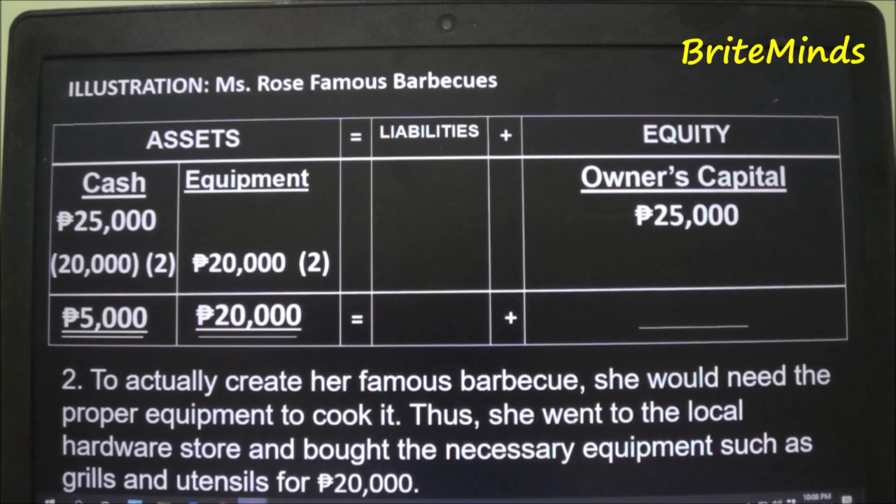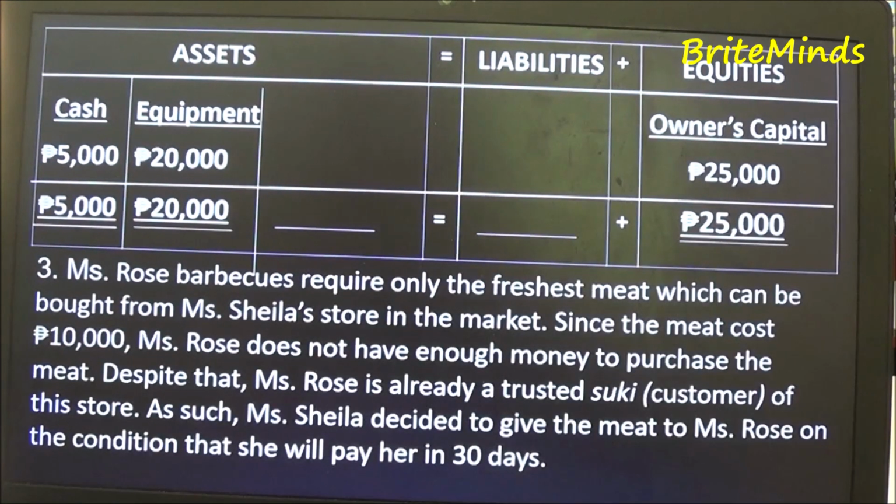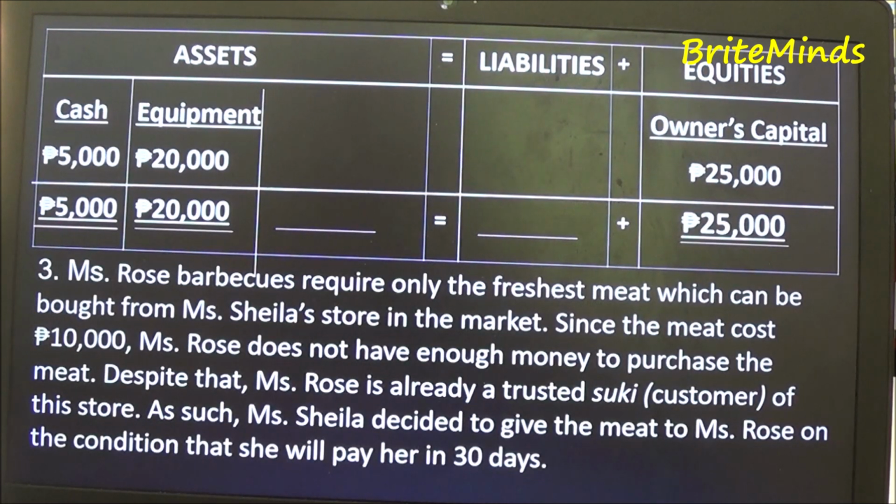Liabilities is not affected, and the owner's capital still remains 25,000 pesos. So if we're going to check, assets equals liabilities plus owner's equity: 25,000 on the left side of the equation, and on the right side of the equation is also 25,000 pesos.